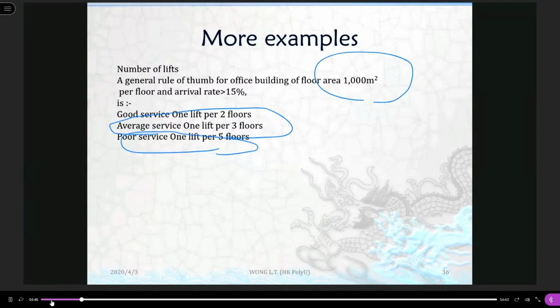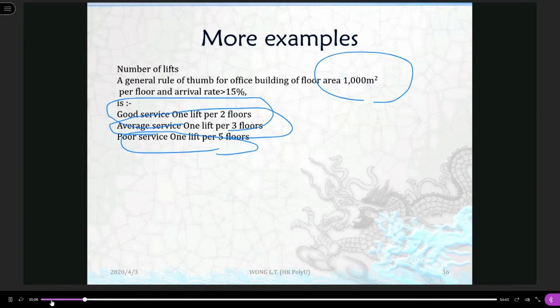For some high class buildings, 2 floors per lift in total. Just count the number and you can get an approximate idea about this arrangement. This is only an average value, so it does not give you the exact solution, but it gives you a line within some reasonable range. This is interesting, just to give you one more example.